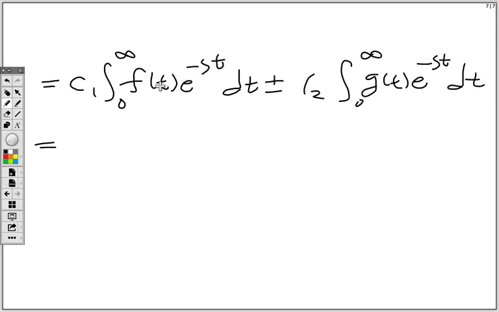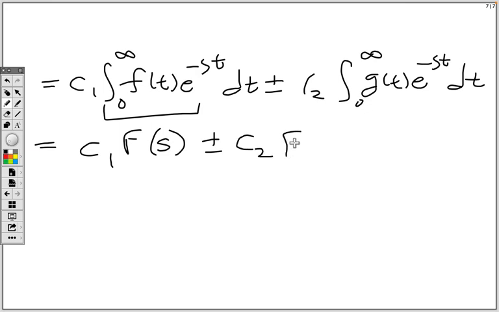And there we got it, because this is nothing more than the Laplace transform of f. So the Laplace transform of little f of t, we're going to call that big F of s, plus or minus c2 times the Laplace transform of little g of t, which is big G of s. And that's how all of these proofs go.